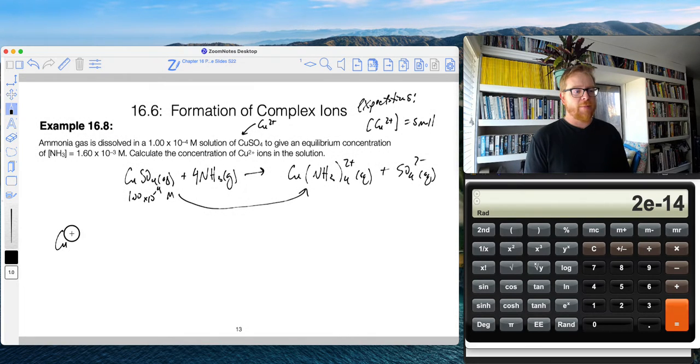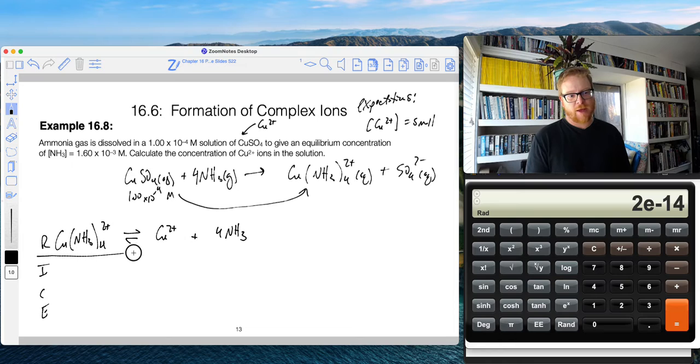So now I'm going to set this up as a RICE table, and I'm going to set it up with the opposite reaction, and hopefully you'll see why that is in a moment. So let's go through our RICE table. Now we're going to say this is in equilibrium with free copper and 4 NH3s. Beautiful.